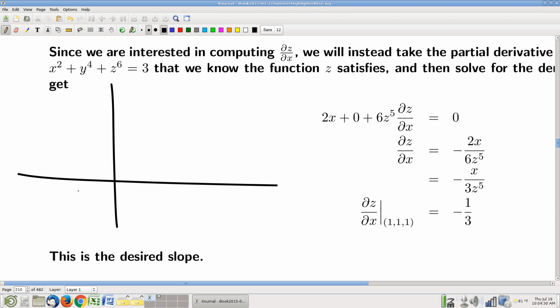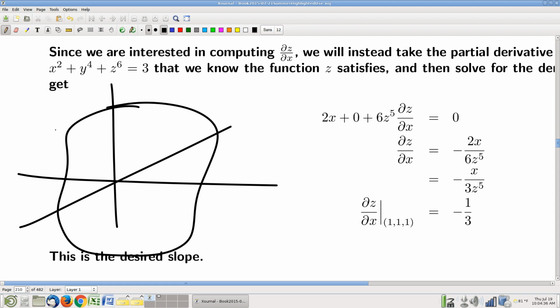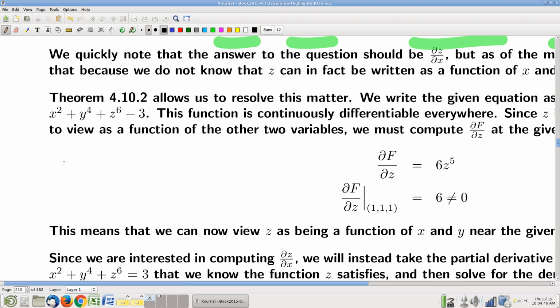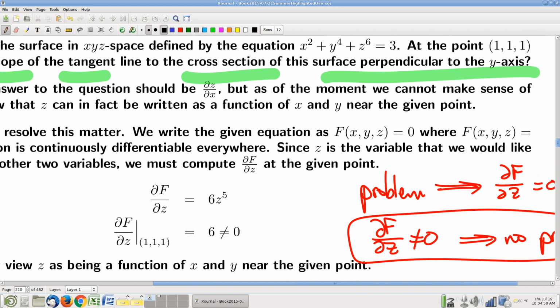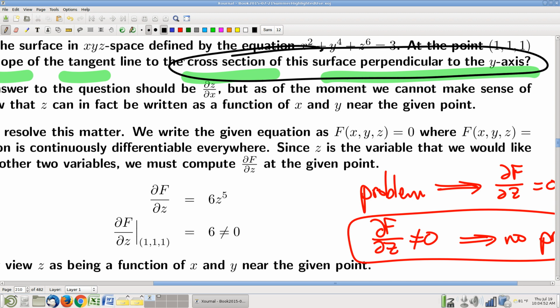We can speculate that it's vaguely sphere-like. But anyway, it's some surface. We're looking at a certain point on that surface. And we're looking for the slope of the cross-section, cross-section perpendicular to the y-axis.